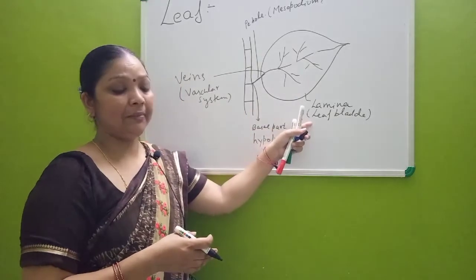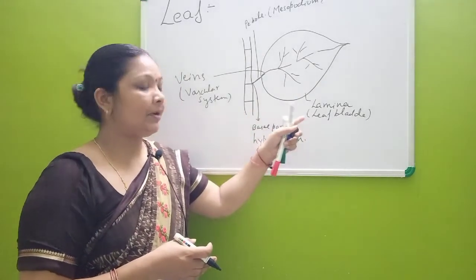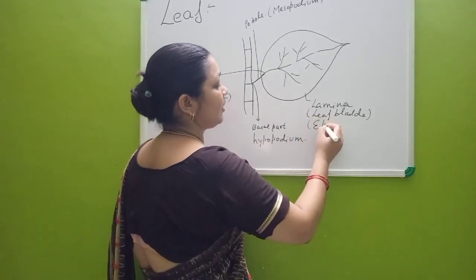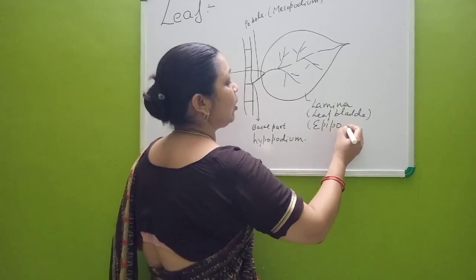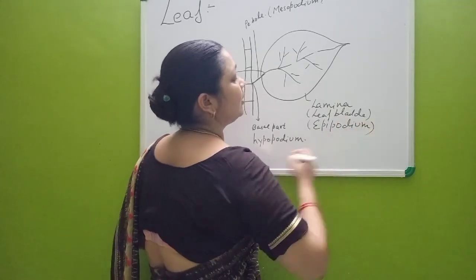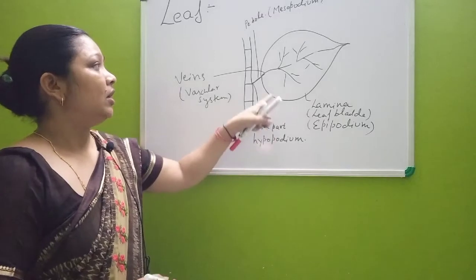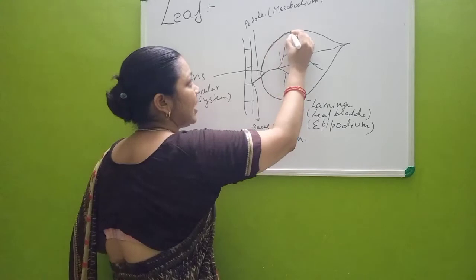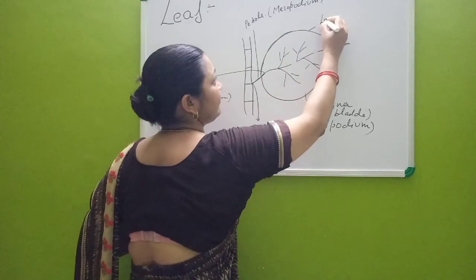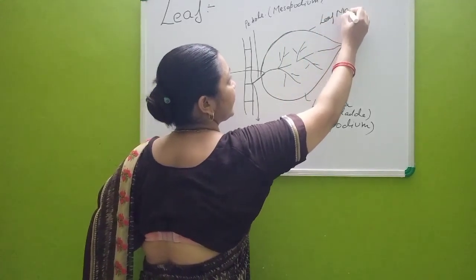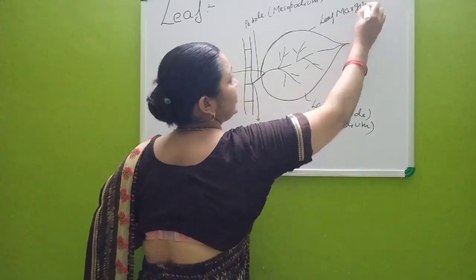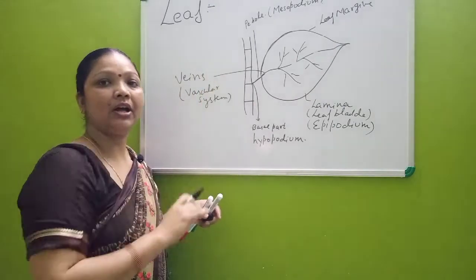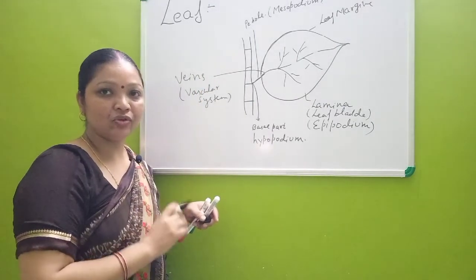Now this lamina part or the leaf blade part, the technical term used is epipodium. This is epipodium. Now the outer lining is called leaf margin, and this leaf margin can be continuous or there can be incisions in it, like in a rose leaf.